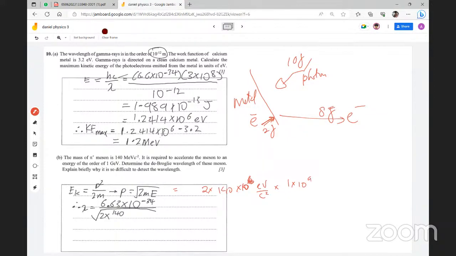Giga is 9, you do have to memorize that. And eV also. All this square rooted. Very conveniently, this is 10 to the 15 eV squared over c squared. Rather convenient, wouldn't you say?